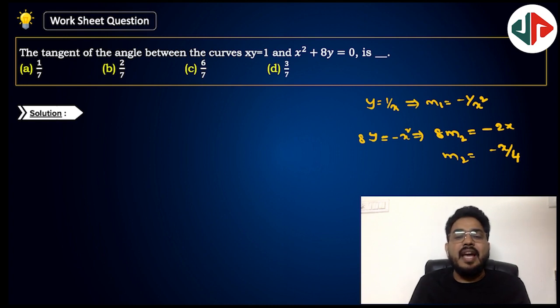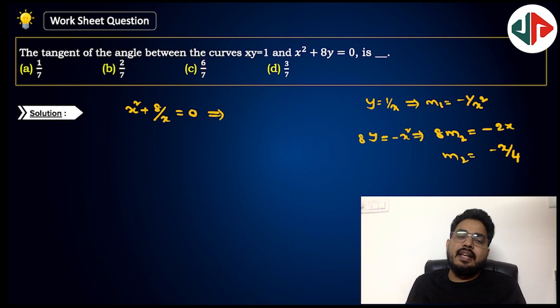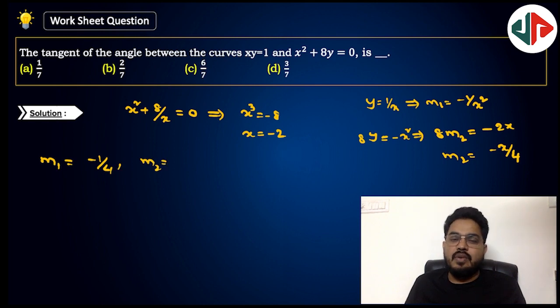Okay. Now where these two are intersecting, x square plus 8y, instead of y you write 1 by x, is equal to 0. So clearly x cube is equal to minus 8, x is equal to minus 2. So m1 is equal to minus 1 by 4, m2 is equal to 1 by 2.